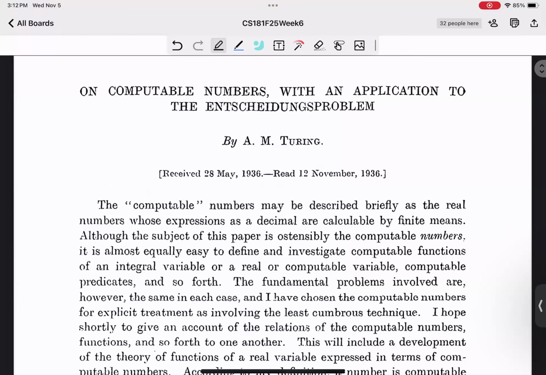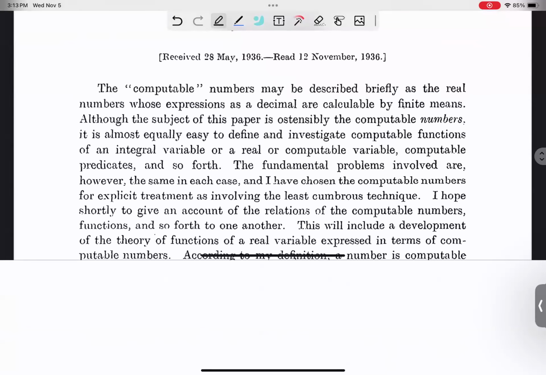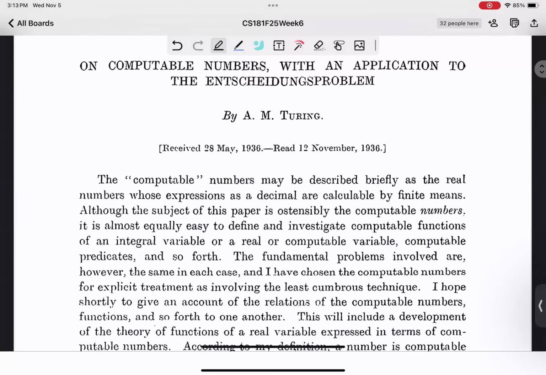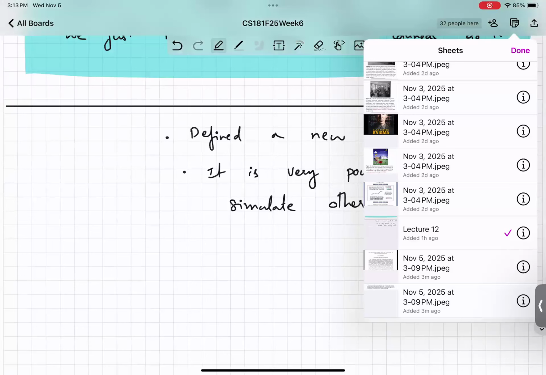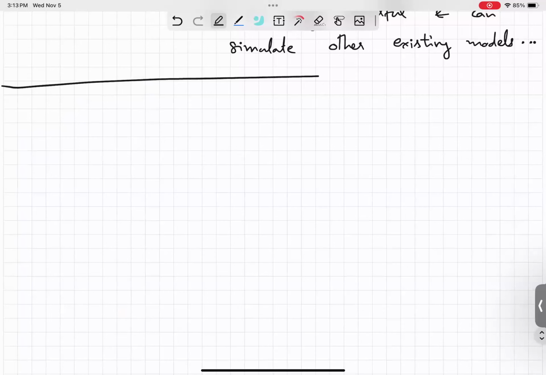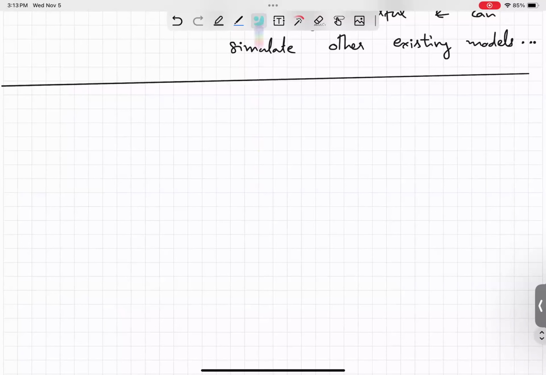But anyway, this is a problem in logic that Turing was trying to solve. It's connected to Gödel's incompleteness theorem. And in the course of solving that question in logic, he defined Turing machines and did a couple of other things which are really, really important. And that's what we're going to focus on for the next couple of lectures.